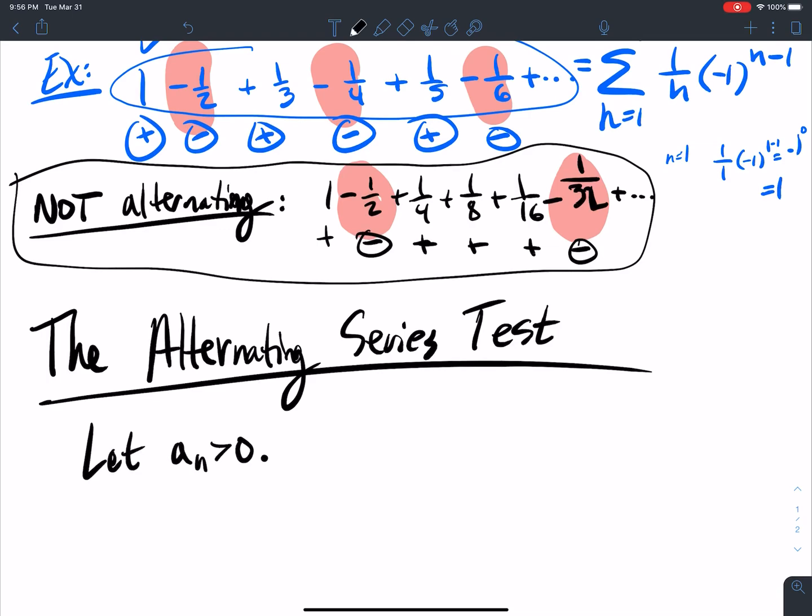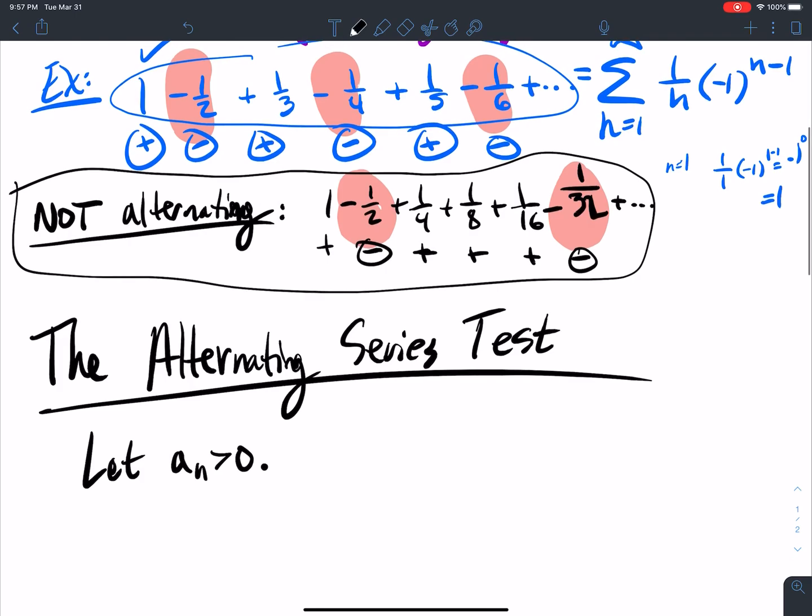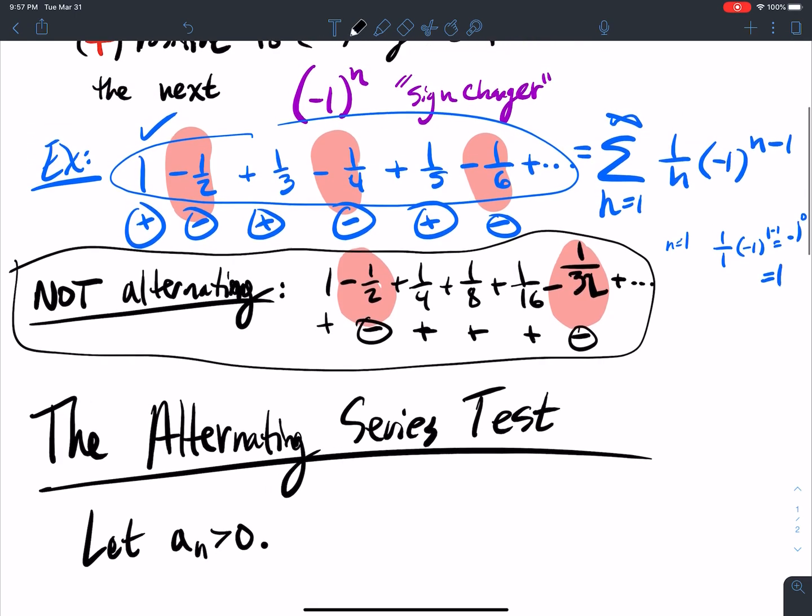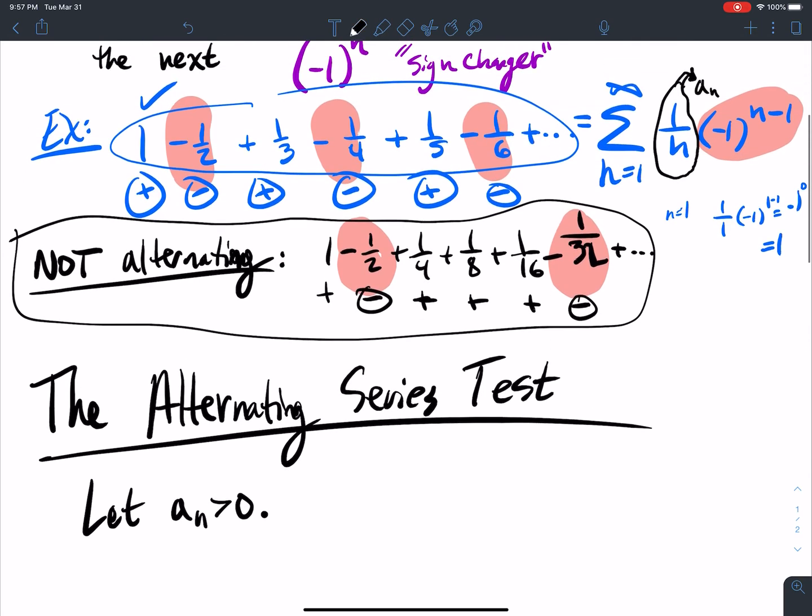Now you might be saying, well, Mr. Clark, didn't you just say that it's alternating between negative and positive? Well, yeah, technically, but the a_n part is this part right here. And then we have our sign switcher over to the side.